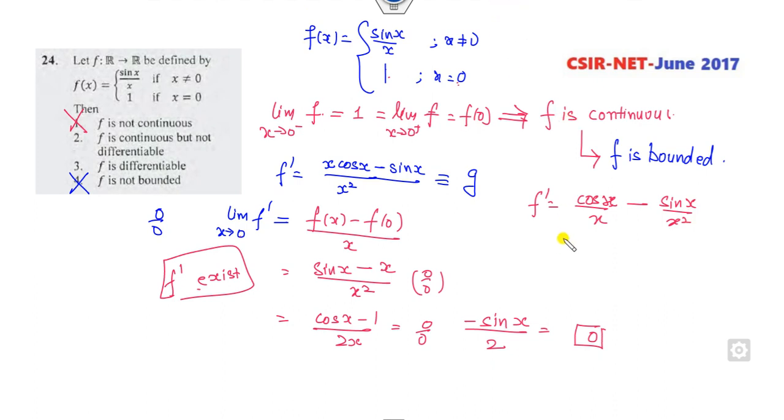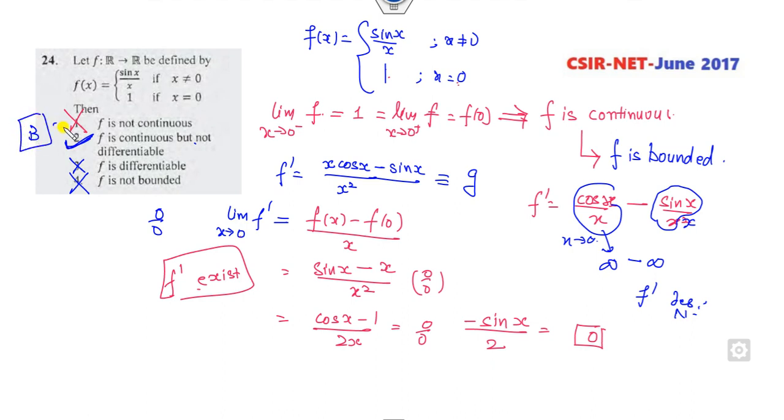Now what is the limit as x approaches 0? This value will go to infinity. I can write this as x into x, and this part will be 1. So this is infinity minus infinity. It means f dash does not exist. So f dash is not differentiable. Once it's not differentiable, the third option is cancelled. The second option is the right answer of the problem.